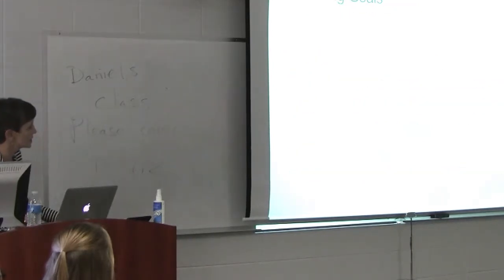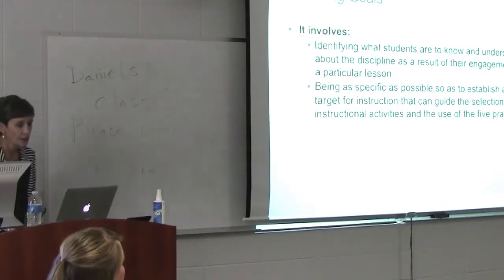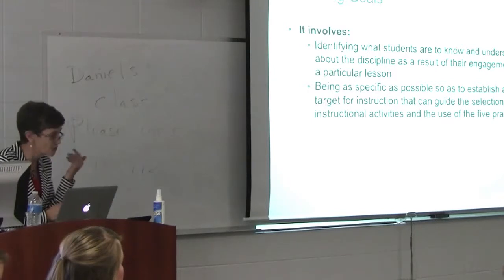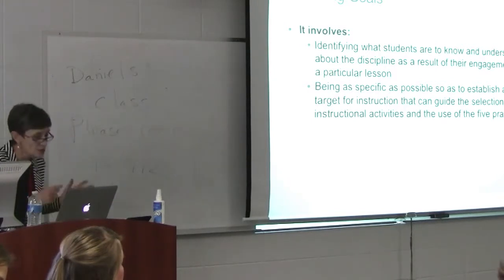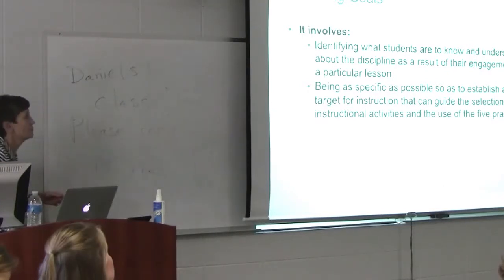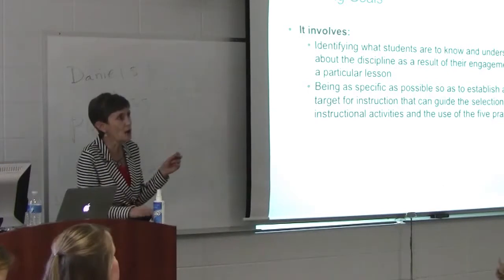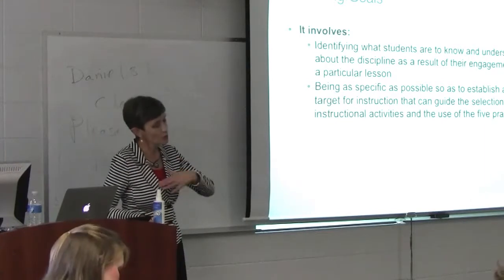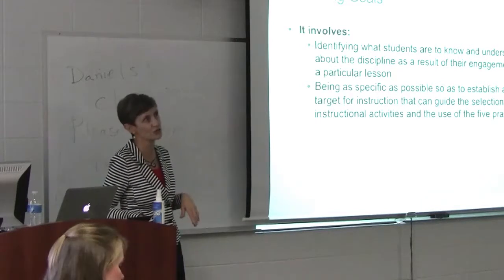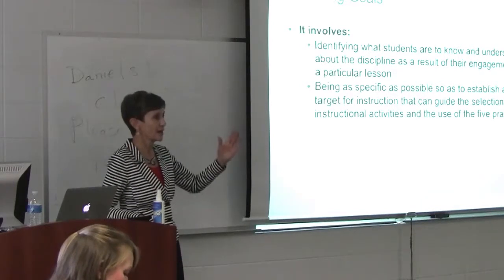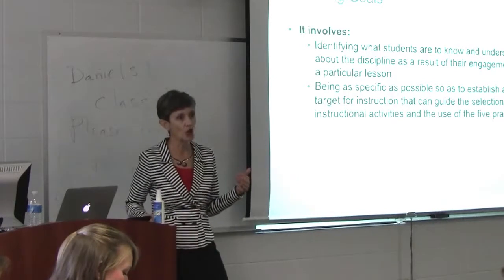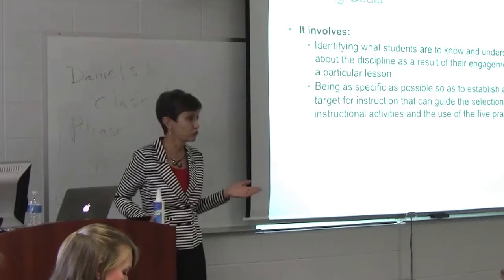So the first one is setting goals. Here, it involves identifying what students know and understand about the discipline and being as specific as possible to establish a clear goal. I do a lot of work with teachers, both practicing and in-service, and one of the things I notice is most of the goals are written as performance goals.